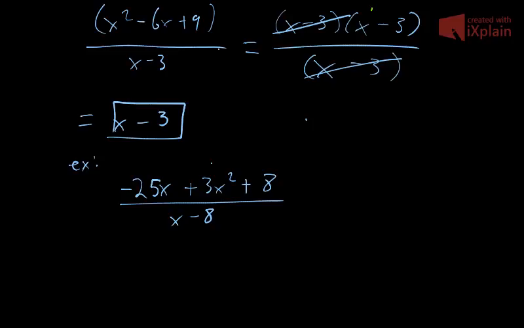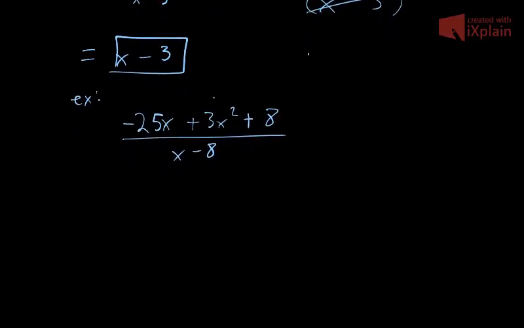It's kind of crazy, it's weird, I don't know what to do with it. So I'm not even going to try factoring it. What I'm going to do is long divide. So this is going to be long division, and this is going to be the longest of division.